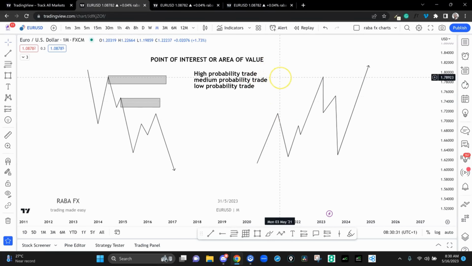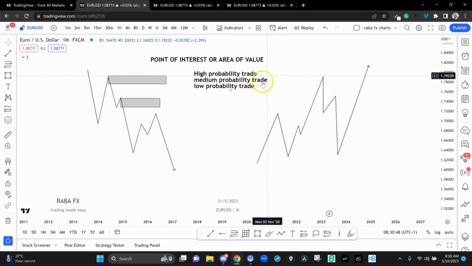You can risk that 2% on that trade. So when I say high probability trade, it simply means a trade you can put your normal risk on. That, okay, this is a good trade. I'm going to risk the 2% that I allocate per trade.